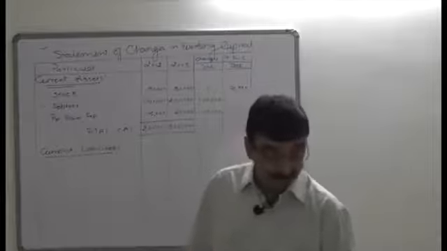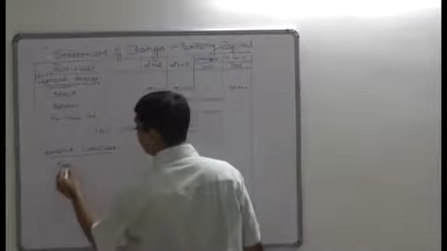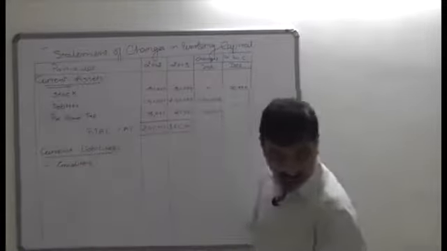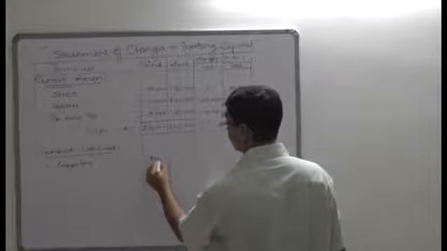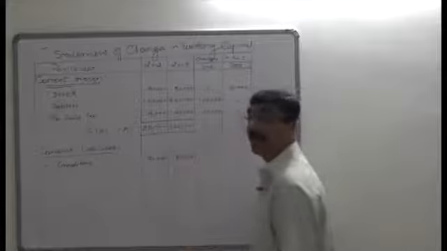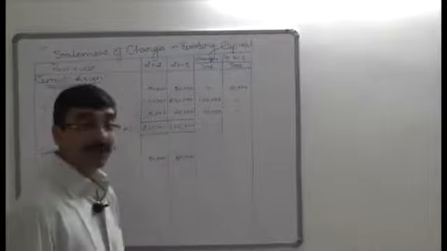Next is creditors. Creditors is definitely a current liability. The last year creditors value was 70,000 and the current year creditors value is 80,000. Now the question is whether it is an increase or a decrease. Here the formula is reverse than the current assets.